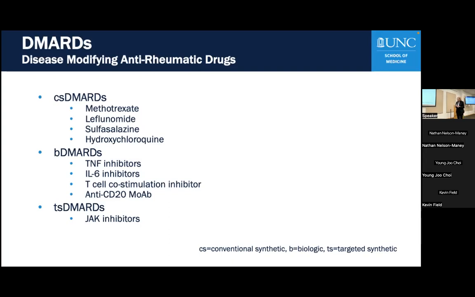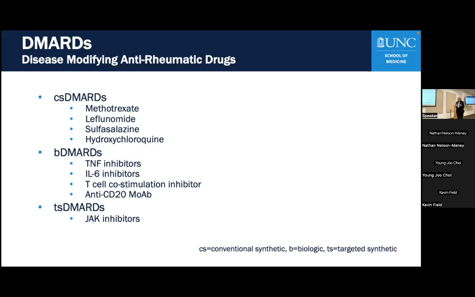and most patients with rheumatoid arthritis are started on methotrexate for their initial therapy. Patients who have an inadequate response to conventional synthetic DMARDs may either be started on a biologic DMARD or a targeted synthetic DMARD. And the biologic DMARDs are really where we've made such progress. And actually, the first biologic DMARD for rheumatoid arthritis was in 1998.